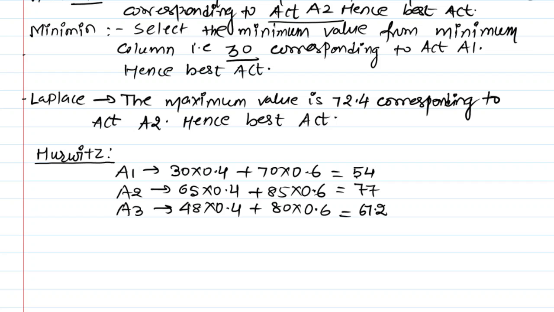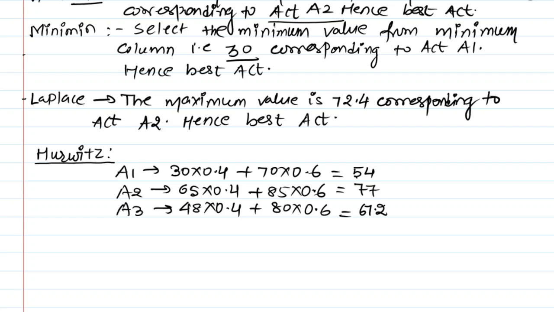Please understand 30, 65, 48. These are the values from the minimum column. 70, 85, 80. These are the values from the maximum column. 0.4 is 1 minus alpha and 0.6 is the value of alpha. Now, what is the maximum value? Maximum value is 77.